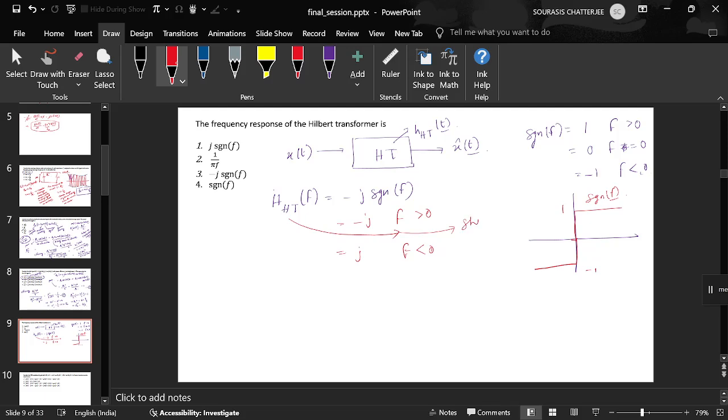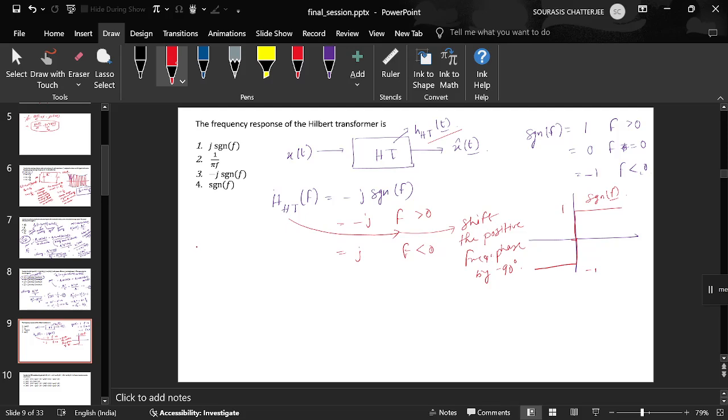So it basically shifts the phase of the positive frequency by minus 90, and the negative frequency is the opposite, plus 90. So that's its job. What if I would like to find the impulse response, the time domain response? How do I obtain that?